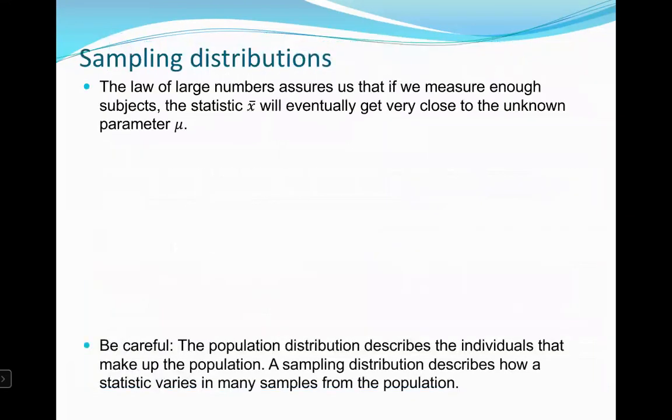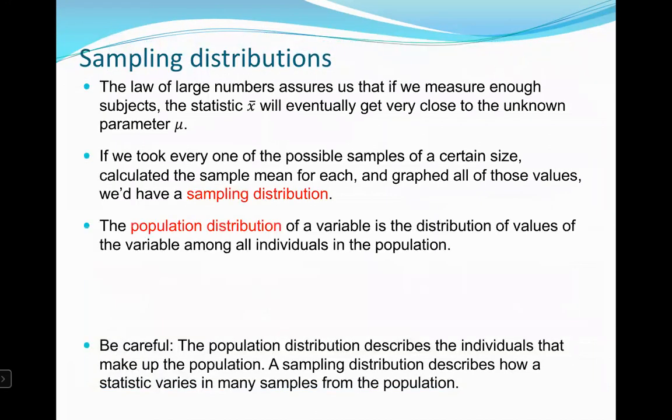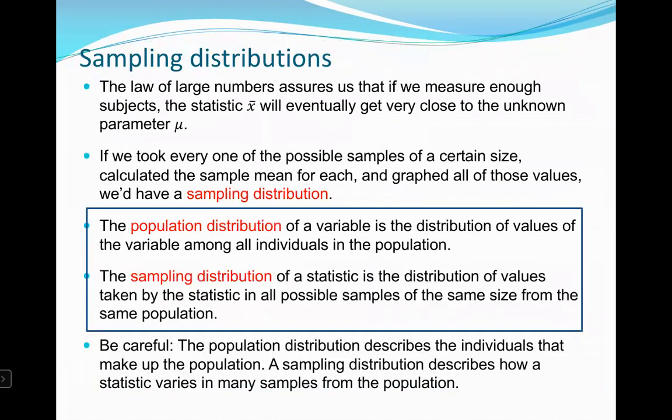Sampling distribution. The law of large numbers assures us that if we measure enough subjects, the statistic X bar will eventually get close enough to the unknown parameter mu.